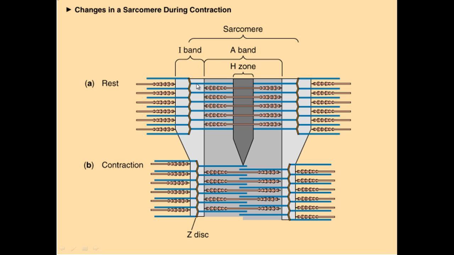So when you contract a muscle, it actually gets physically shorter, because these actin and myosin filaments are interacting with one another. To review, the H zone and the I band get smaller, and also the sarcomere gets smaller during contraction, and the A band stays constant. Join me in the next video, where I'll be going through the sliding filament theory.